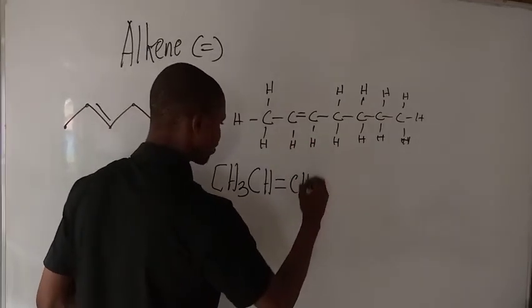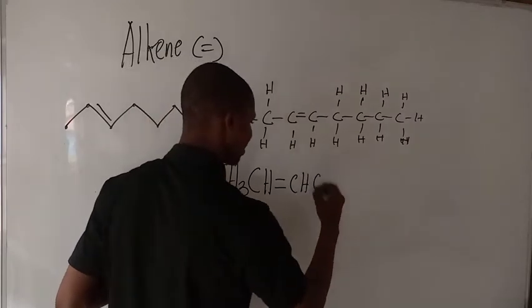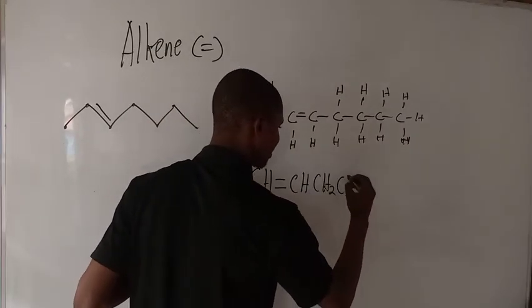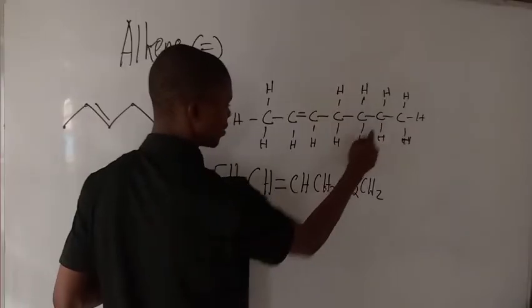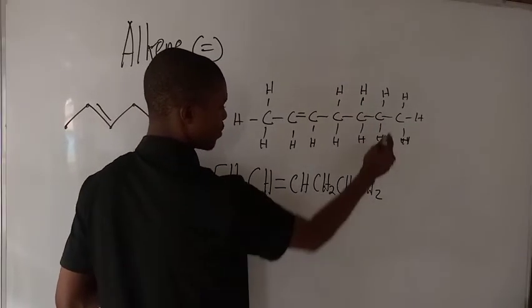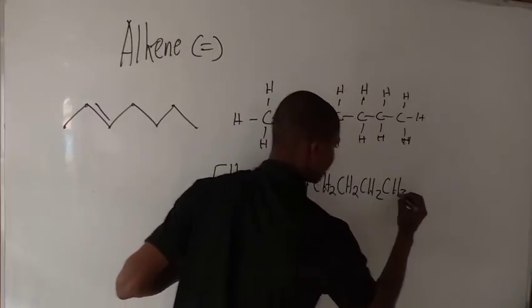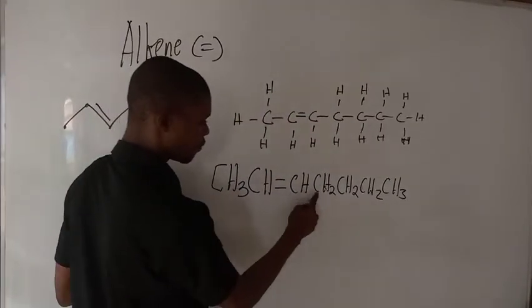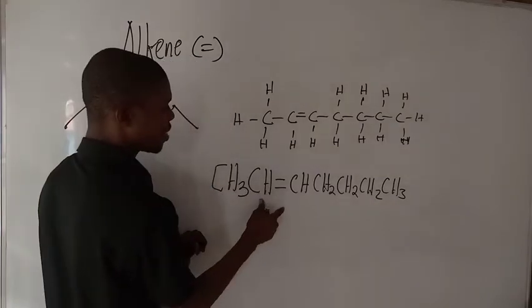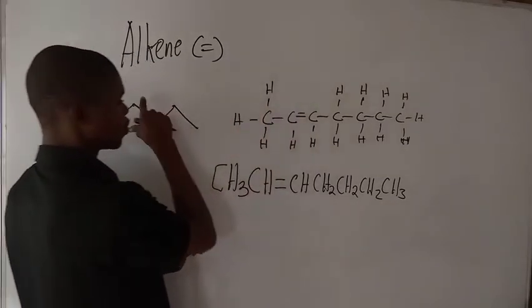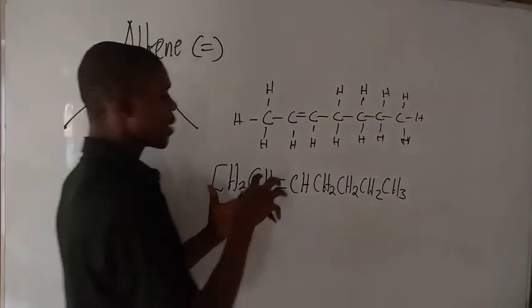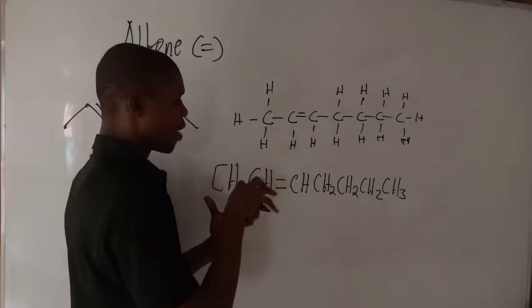Here we have CH, then CH2, CH2, CH2, then here we have CH3. So here we have 1, 2, 3, 4, 5, 6, 7. Now you can still go further and compress it.